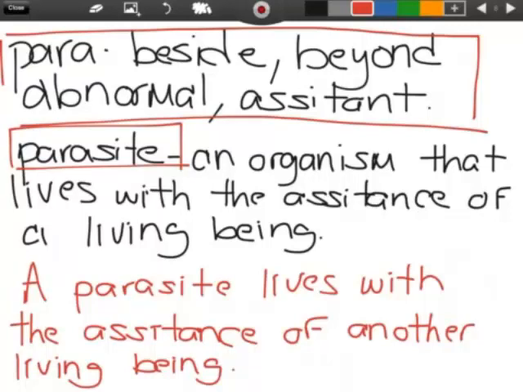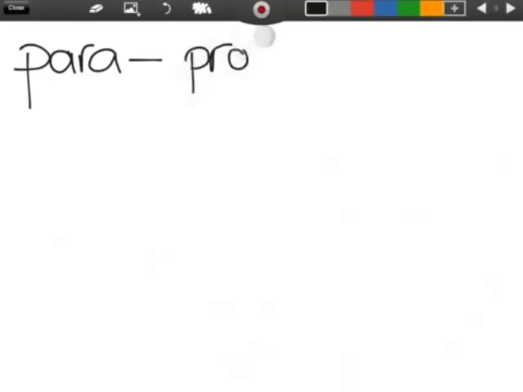Moving on to our next root, which is also para. Para can have two different meanings. One of them is beside, beyond, abnormal, assistance. Or para can mean protection from. I'm going to give you an example.